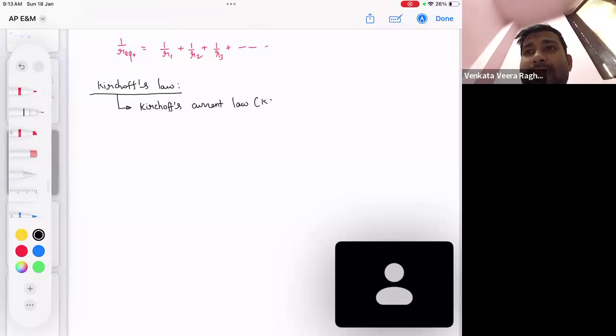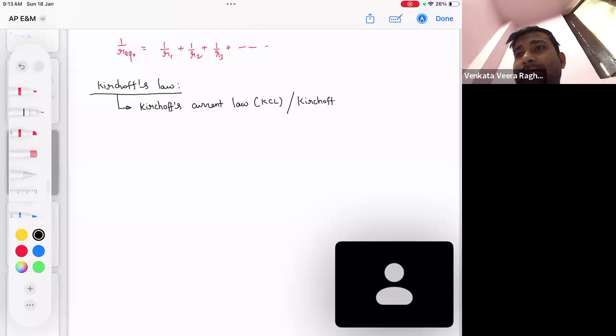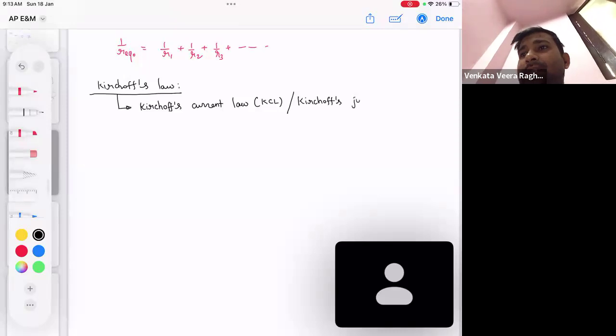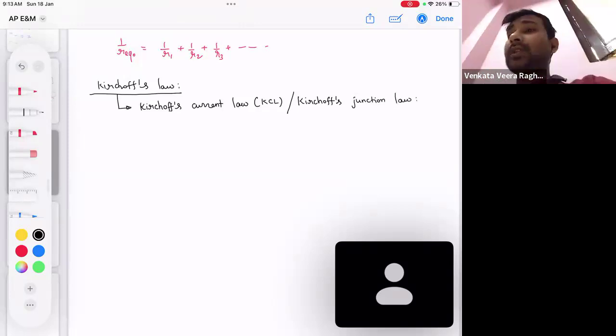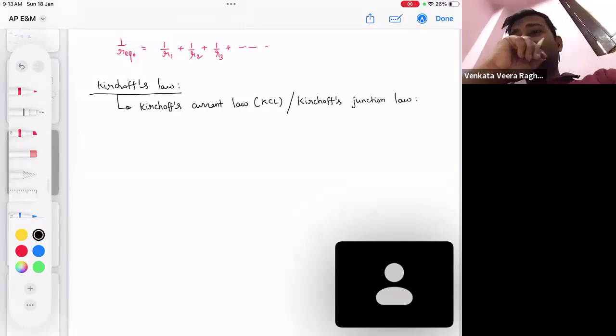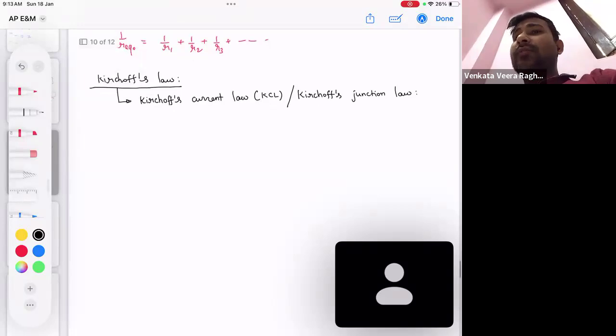Short form, it is written as KCL, current law, or it is also called Kirchhoff's junction law. What does it mean?